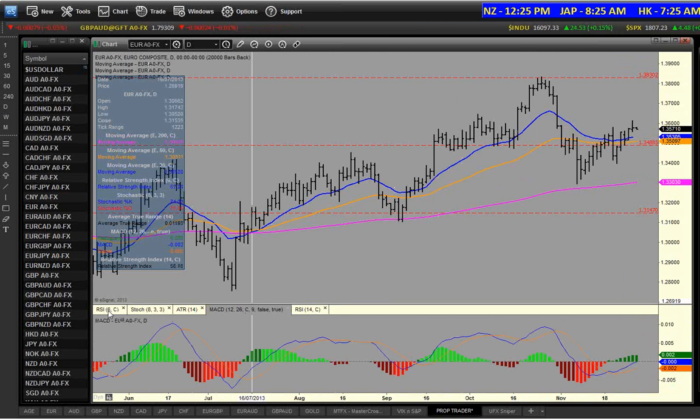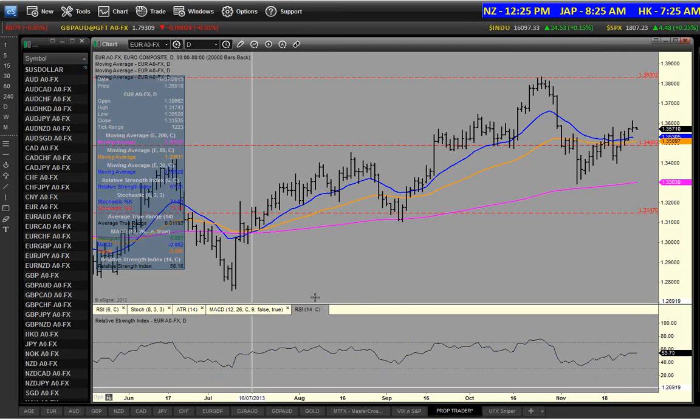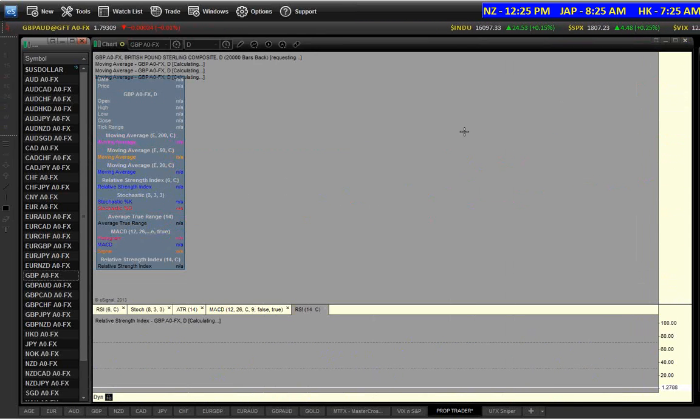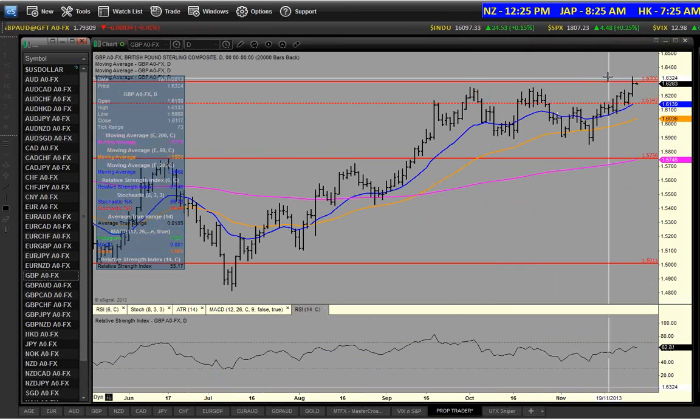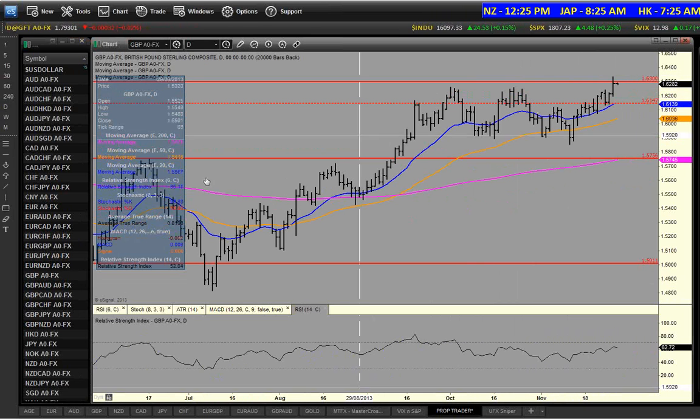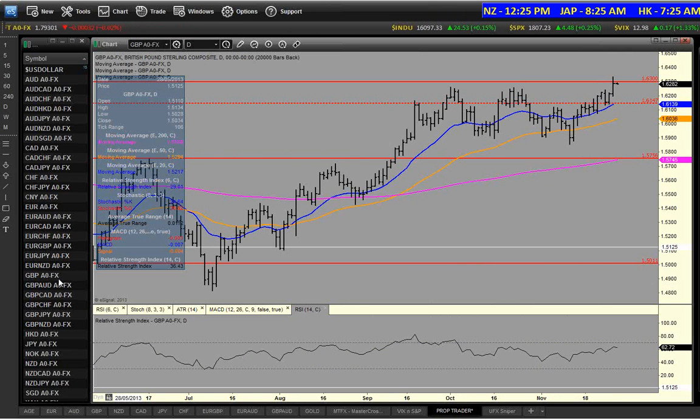Momentum's in the middle, so it's got a lot more room to move on the upside if that's where it's going. Whereas the pound is pushing up against the exhaustion and the ceilings. So I expect the pound to perhaps reverse, and the euro to either trade sideways or continue up.